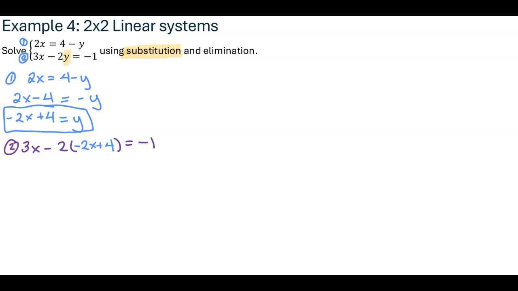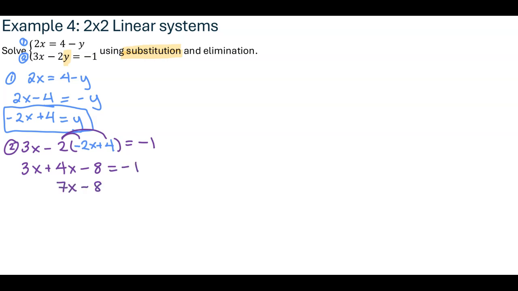If you can express one variable in terms of another, you should be able to replace that wherever you need to. All right, from here, I just have a slightly messy linear equation to solve. So 3x, I'm going to go ahead and distribute through, so it's actually going to be plus 4x minus 8 equals -1.